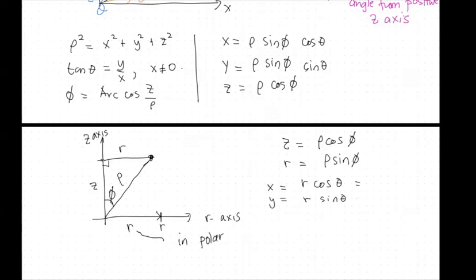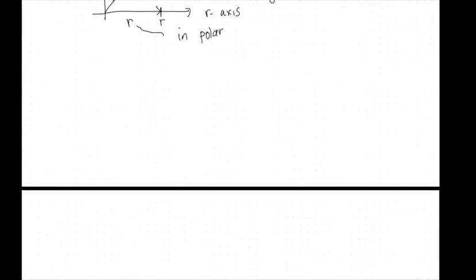Using this identity, we have rho sine phi times cosine theta, and rho sine phi times sine theta. That's how these are derived. It's just given in the module, but here I show you how we arrive at this. Okay, all right. So some examples.